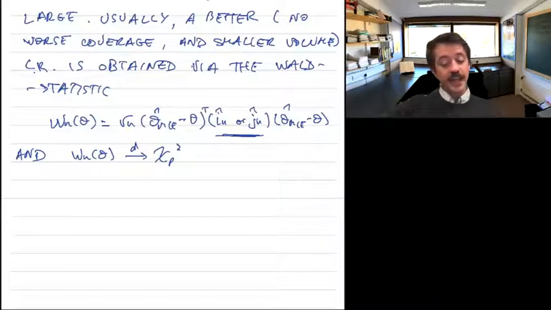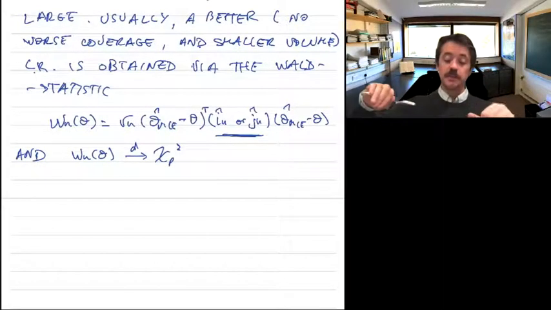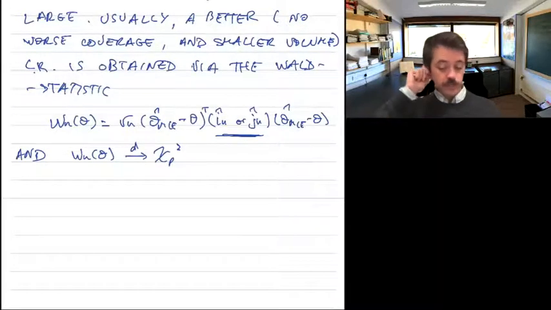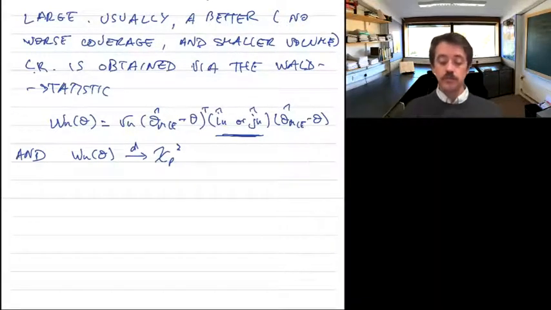Remember the MLE converges to a normal distribution with the inverse of the Fisher information matrix. So you will essentially get two standard normals in the limit, and this will therefore converge to a chi-squared on p degrees of freedom.